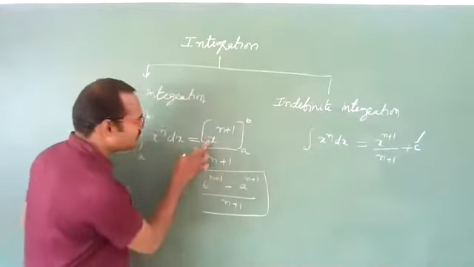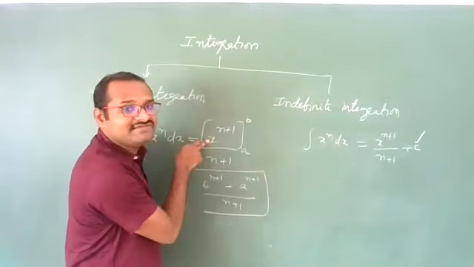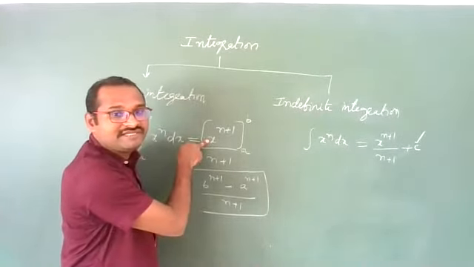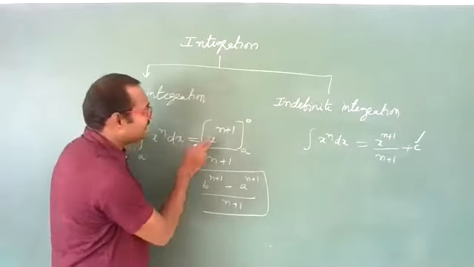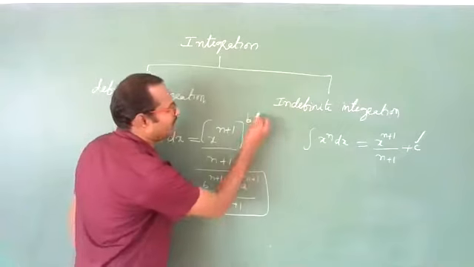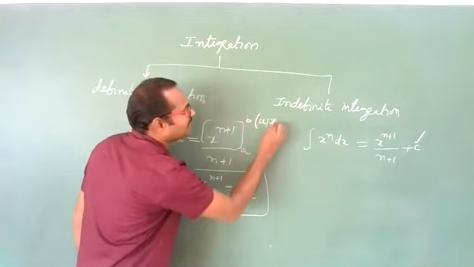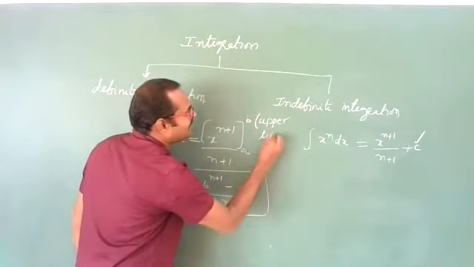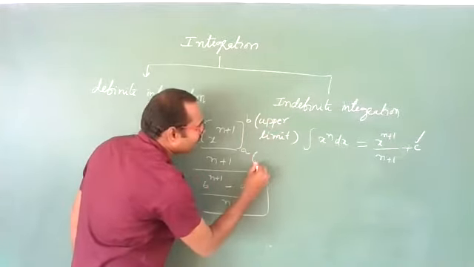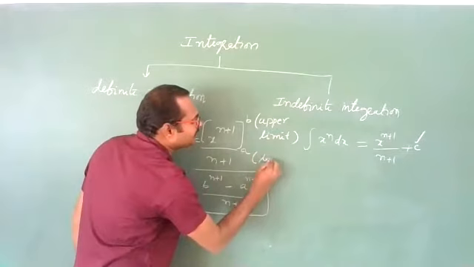Wherever the variable is present, first you should apply the upper limit, and later subtract the lower limit.